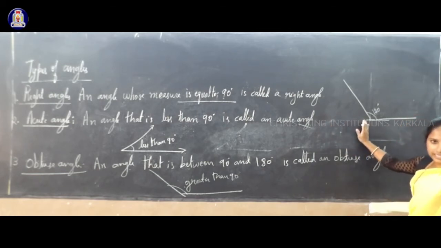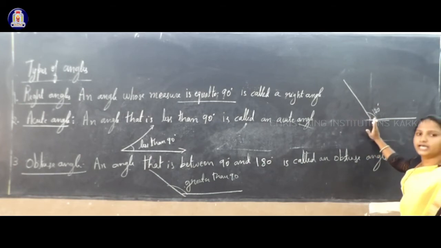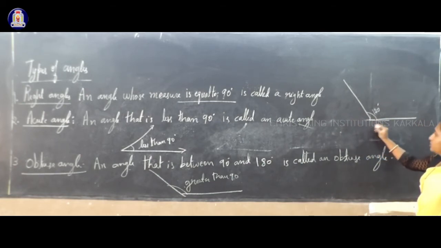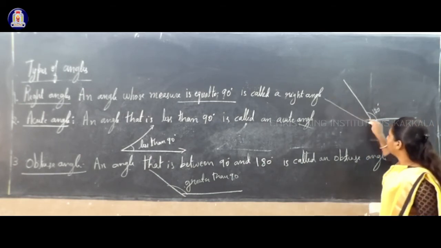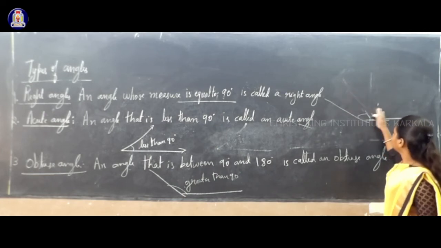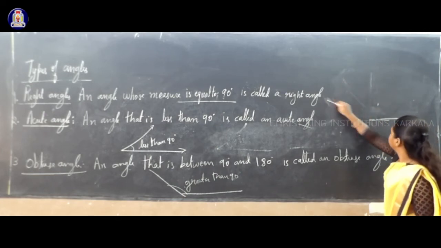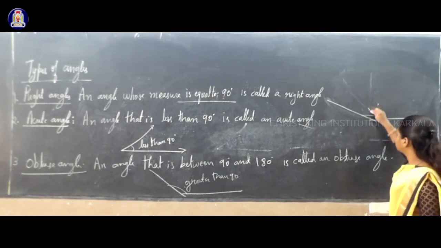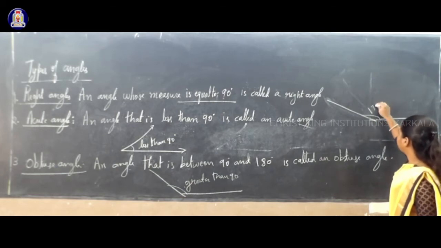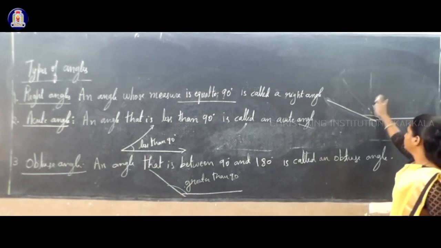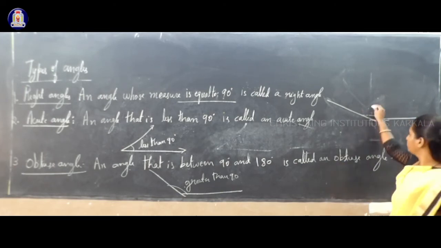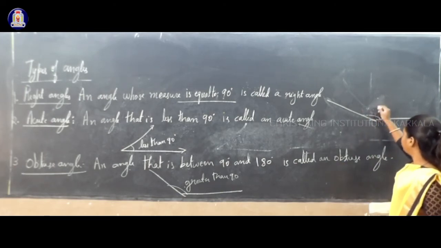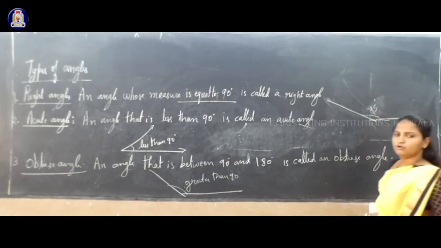Now, obtuse angle means the angle is greater than 90 but less than 180 degrees. Clear? In the protractor you can see that 179 degrees is also an obtuse angle. Maybe 105 degrees or 95 degrees, that is also an obtuse angle.